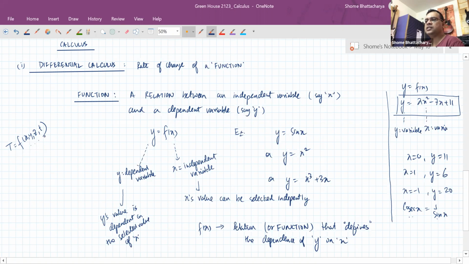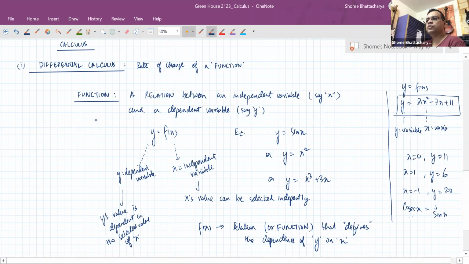Plus, at every instant of time, the temperature might be different because of weather conditions. So that would be a very complex function. In that case, the dependent variable, which is temperature, would depend on four other variables, three coordinate variables and one variable of time. So not all functions are single variable functions. In fact, in real life systems, more and more functions are multivariable functions. But here at our 10+2 level, we will study functions in context of only single variable functions.